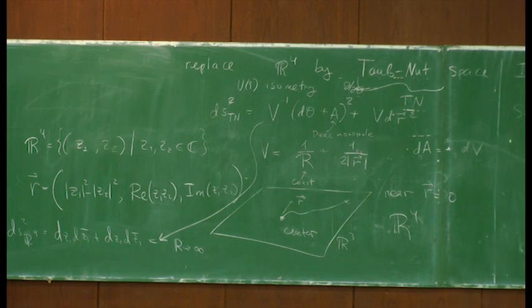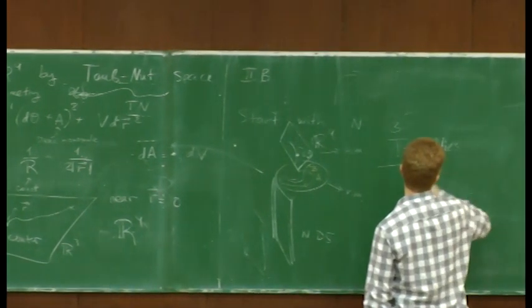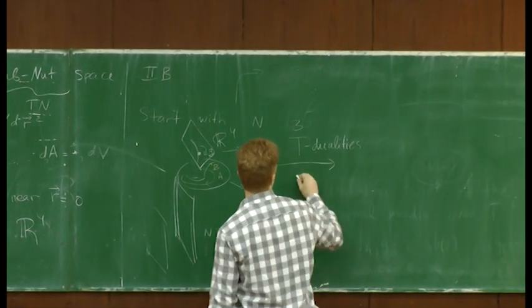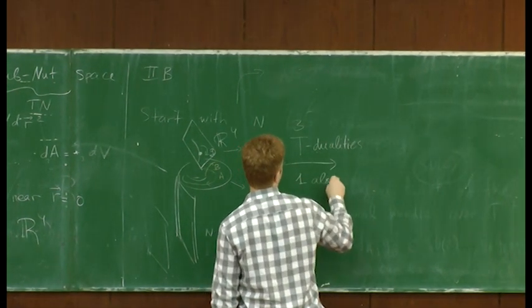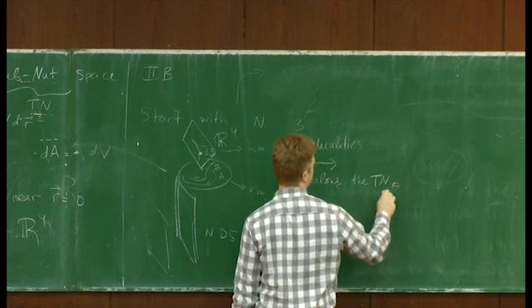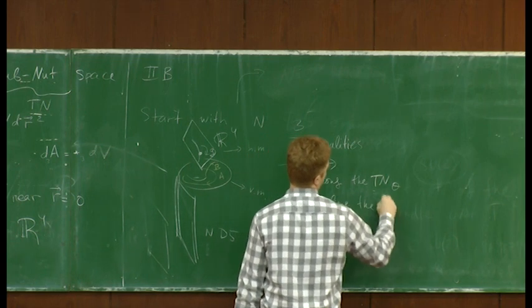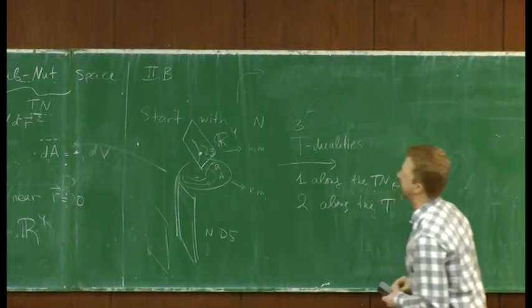So we do 3 T-dualities. So 1 along the Taub-NUT theta direction, and 2 along the 2 torus.